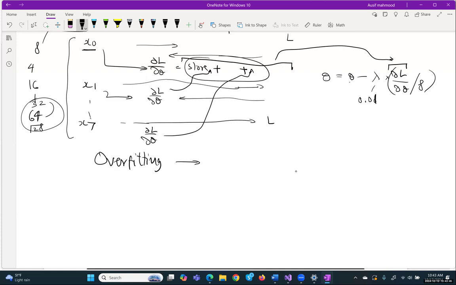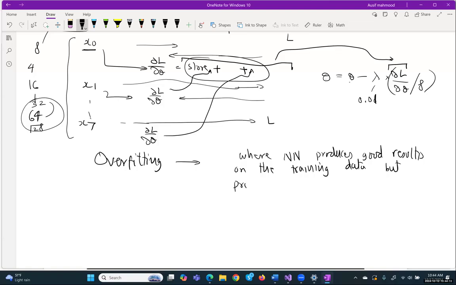Overfitting is where the neural network produces good results on the training data, but produces much worse results on test data.